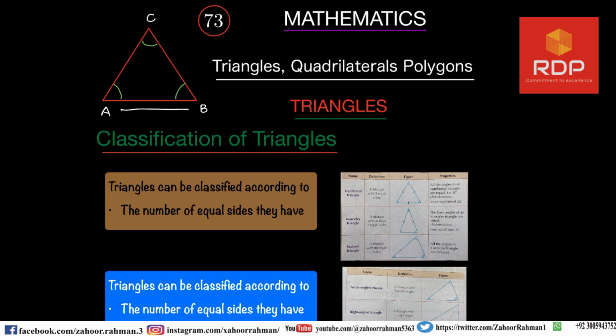The second one is called side BC. And the third one is side CA. Similarly, they have three angles. Number one is this, number two is this, and number three is this.